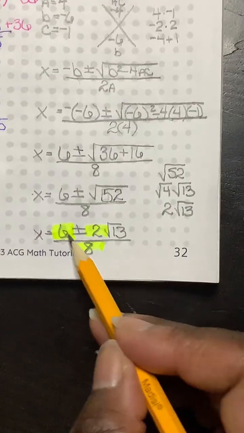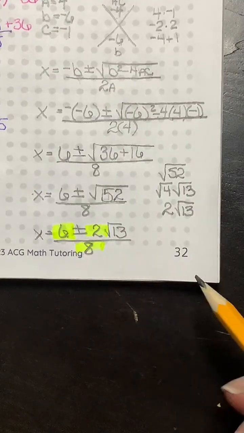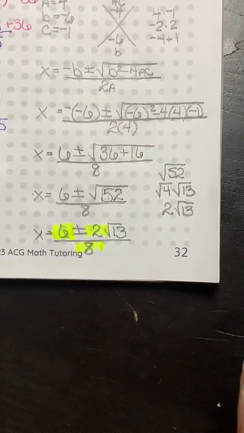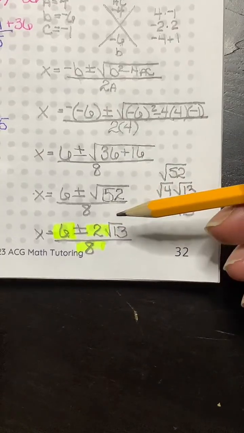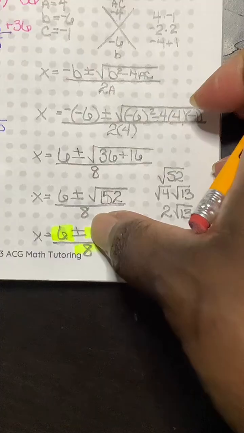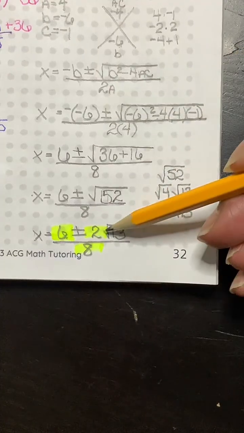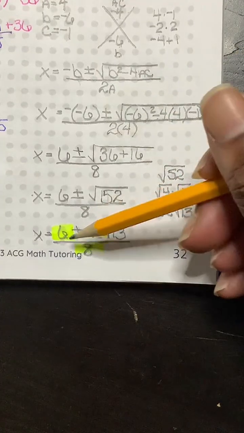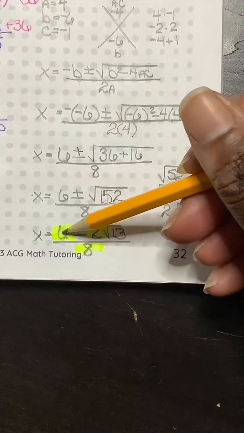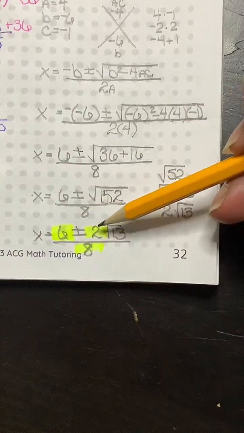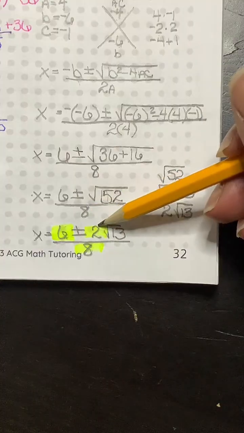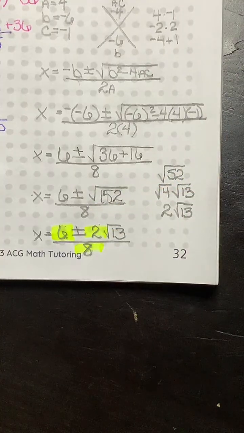All 3 of these spots have to have something in common in order for you to reduce. So let's just say, just playing around, that this was just basically the square root of 13. That means I cannot simplify the 6 and the 8. All three spots have to have something in common in order for me to reduce.